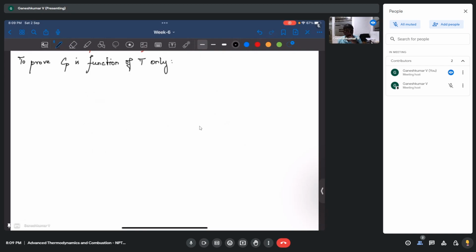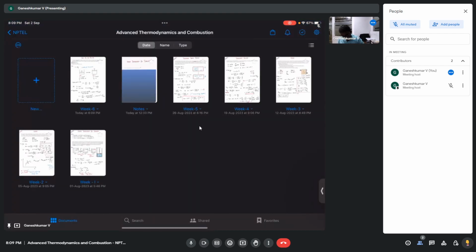You can go back and recall the relation where we wrote dou Cp by dou P at constant temperature is nothing but minus T times dou square V by dou T square. If you want, I can go back and check my notes from where this relation came.